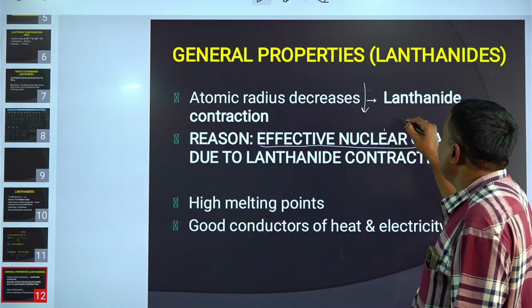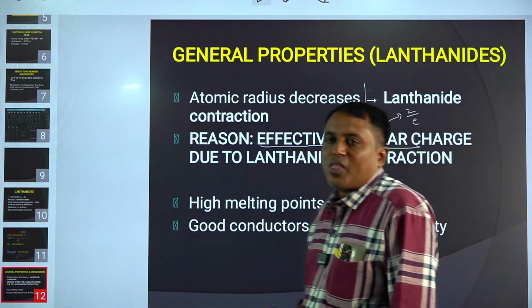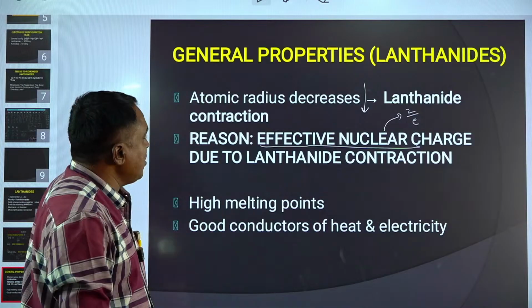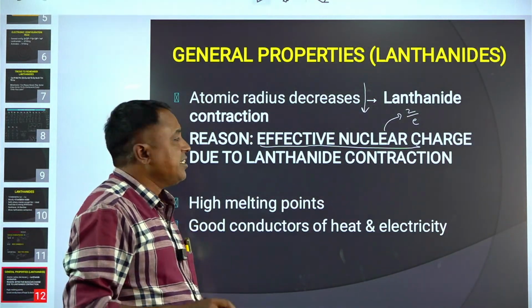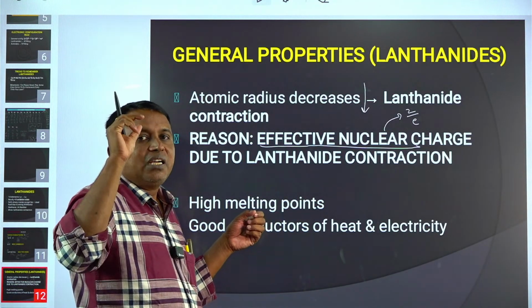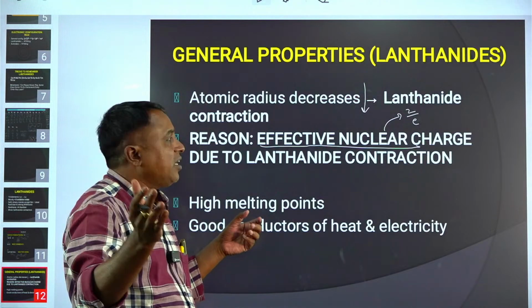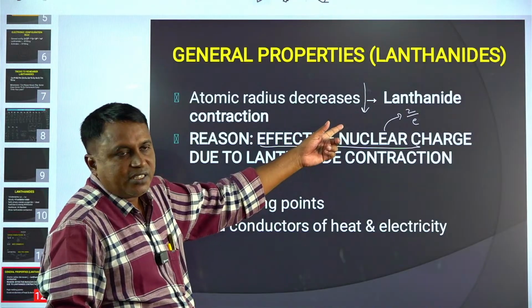Effective nuclear charge is nothing but Z by n. So nuclear charge is increasing from left to right. Therefore, the nucleus attraction over the outer electrons is increasing. Therefore, atomic radius gradually decreases.